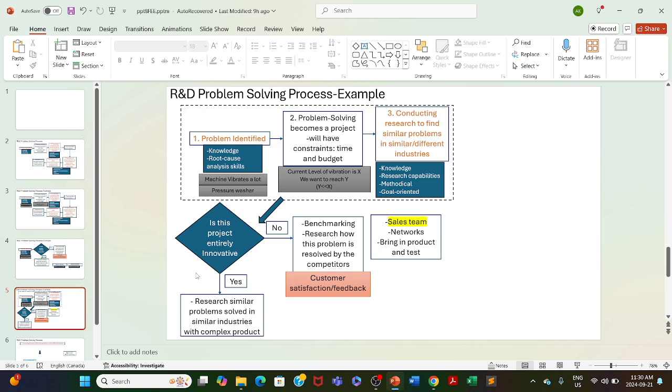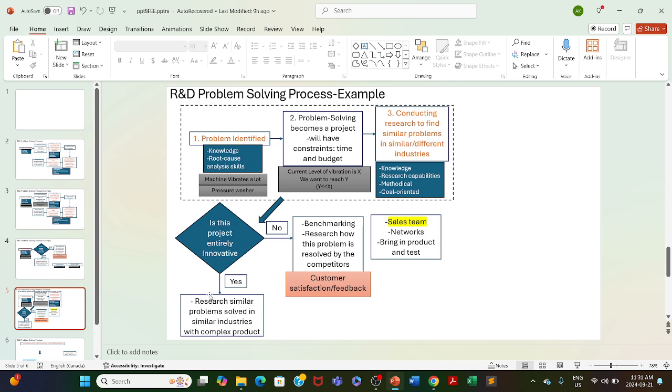But for my case, because there is no such problem I'm assigned and I'm not reaching out, it's more like this. I'm considering it as an entirely innovative project.